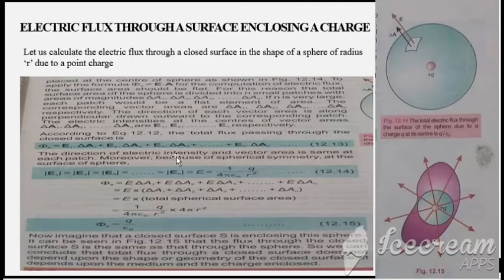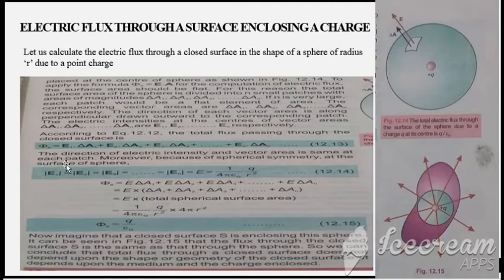So the direction of the electric field intensity and the vector area is the same. In this case, you see that both E and delta A are radiating outward. These are in the same direction, so we can say that they are parallel to each other. Moreover, because of spherical symmetry, since this one is of spherical shape, the magnitude of E1 is equal to the magnitude of E2 is equal to the magnitude of E3.